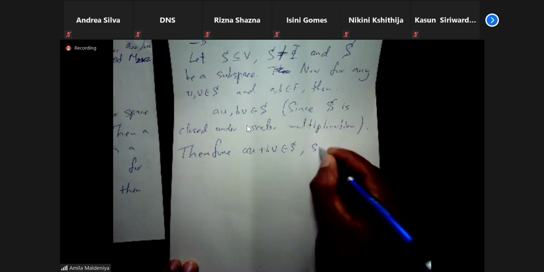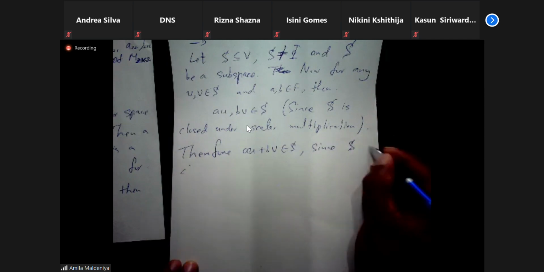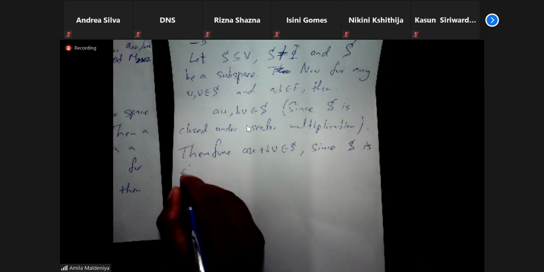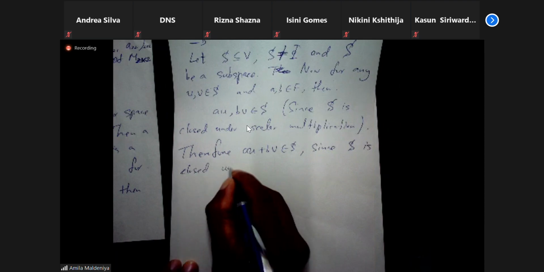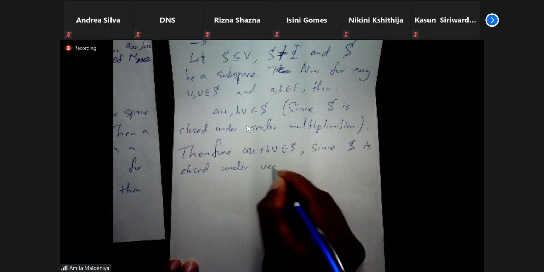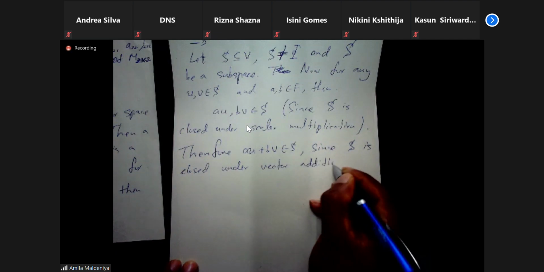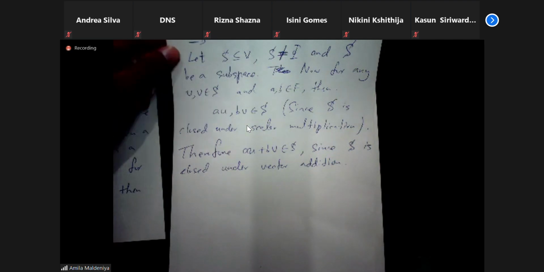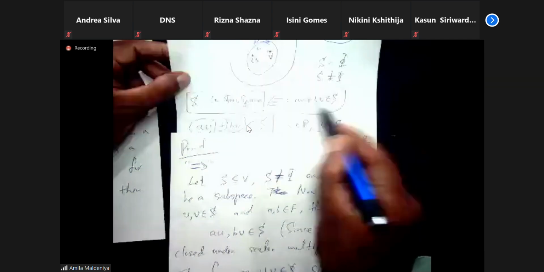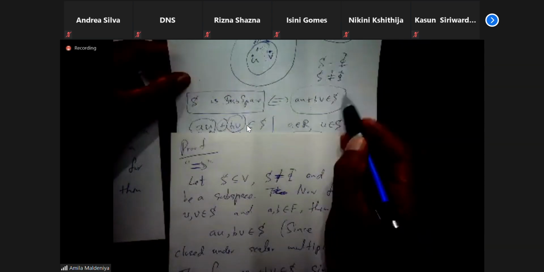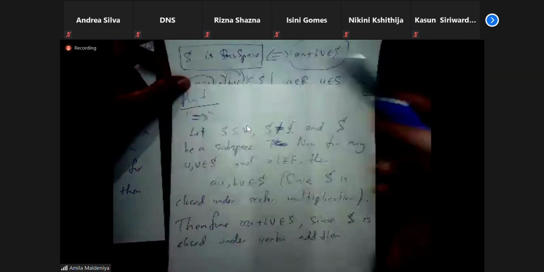Since S is closed under vector addition, right? So that part is proved. That means what we want to prove: if S is a subspace, this linear combination is an element of S. So we got that one. Okay, so this is an easy part of the theorem.